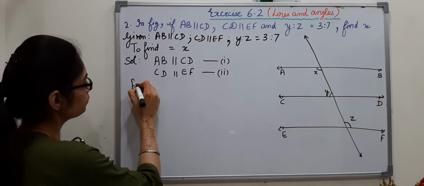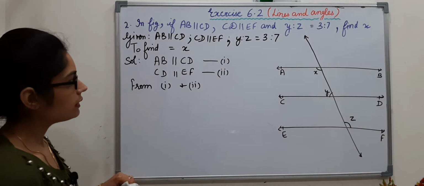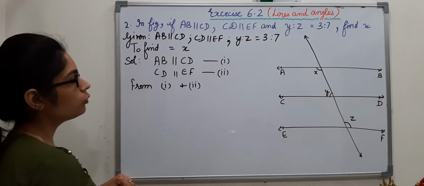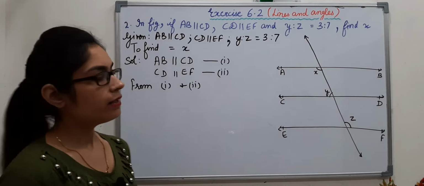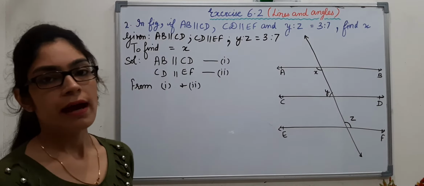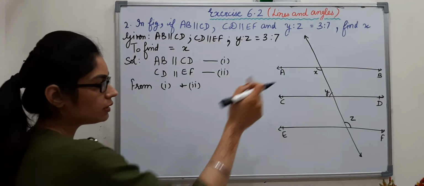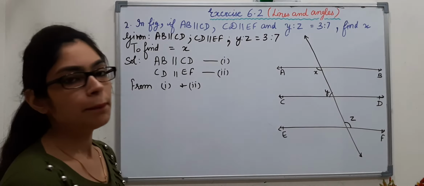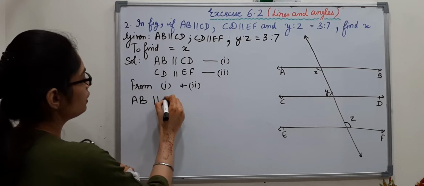So from first and second, we can see, because AB is parallel to CD and CD is parallel to EF, lines parallel to the same line are parallel to each other, which means AB is parallel to EF as per theorem 6.6. We have already done this theorem. So we can mention AB is parallel to EF.